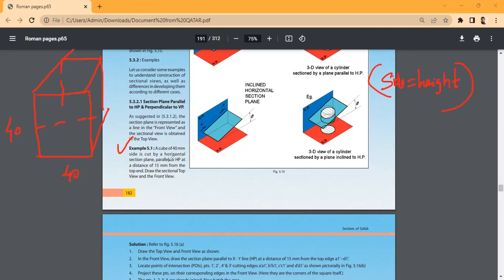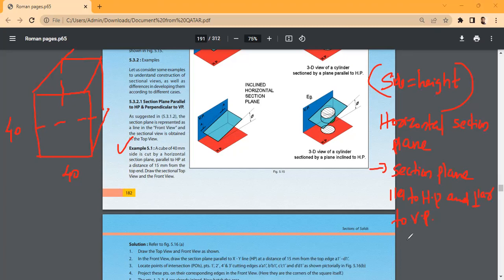Is cut by a horizontal section plane. Very important. So what is a horizontal section plane? Horizontal section plane means section plane parallel to HP and perpendicular to VP.